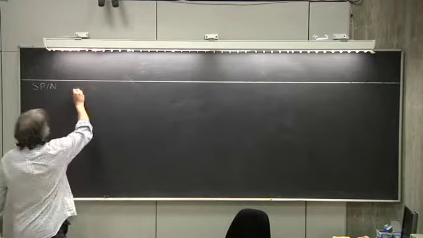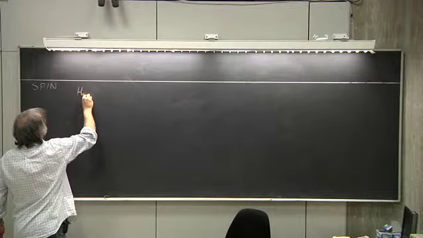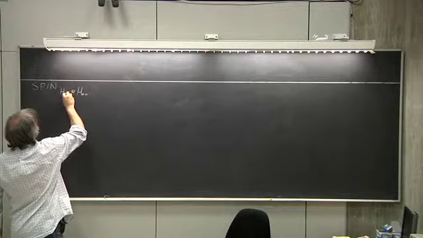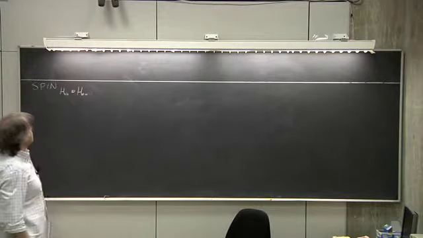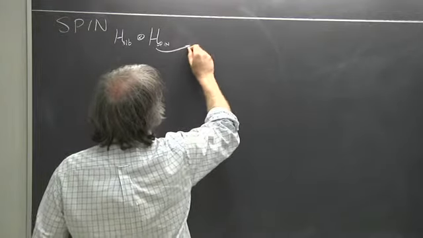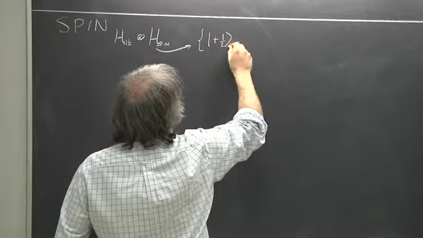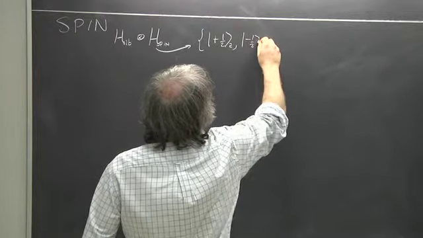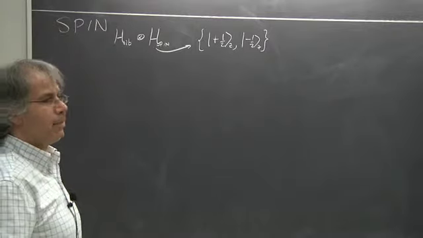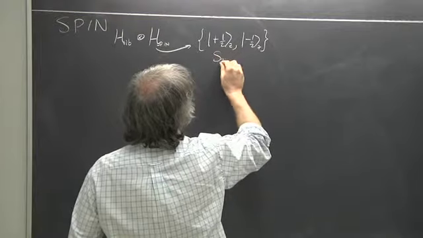We said that there must be some other Hilbert space, together with the usual Hilbert space regarding orbits. And this Hilbert space, which has to do with the spin, is generated by two states, this and that. So the plus 1/2 and minus 1/2 projections, eigenstates of Sz.